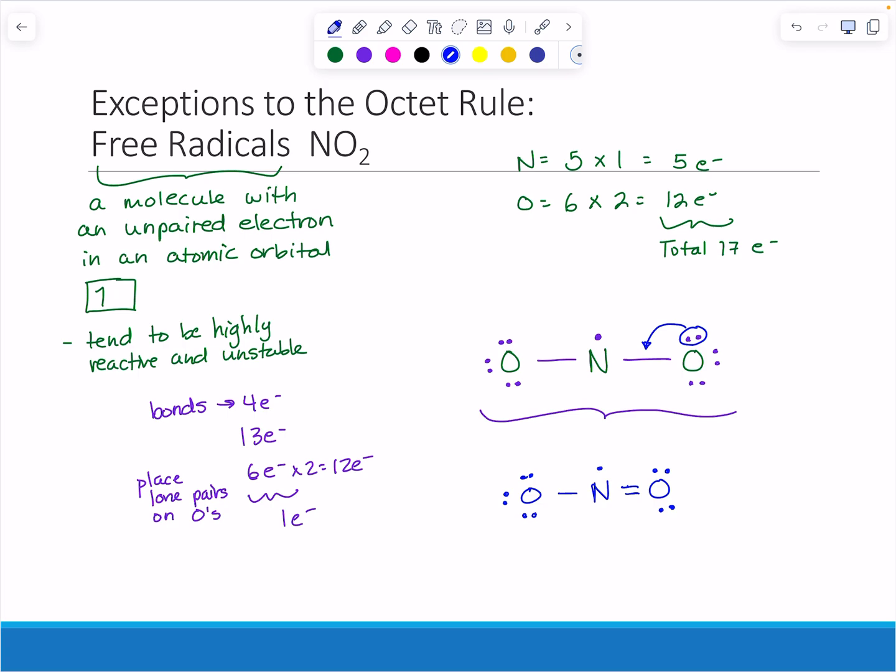So we're not going to exceed the octet rule, but right now we have our nitrogen being electron deficient, okay? So this is the Lewis structure for NO2, okay? And again, you know it's a free radical when you see that one unpaired electron, okay?